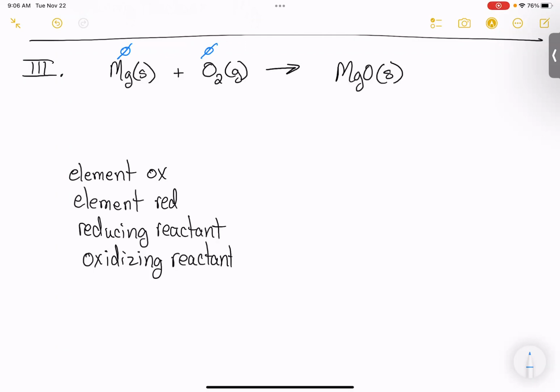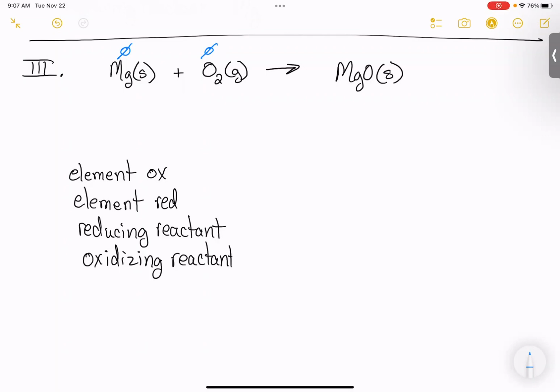If I have magnesium sulfate, yes, the oxidation state of magnesium is still a +2, because it is an ion of an element and its oxidation state is equivalent to its charge.